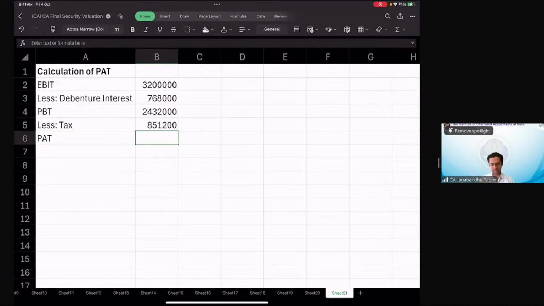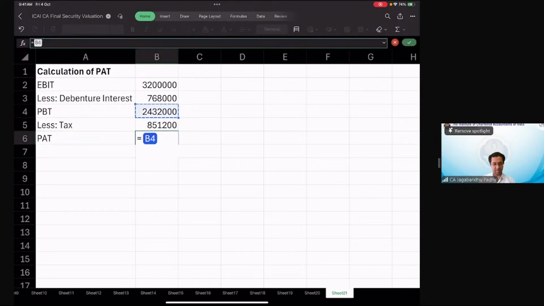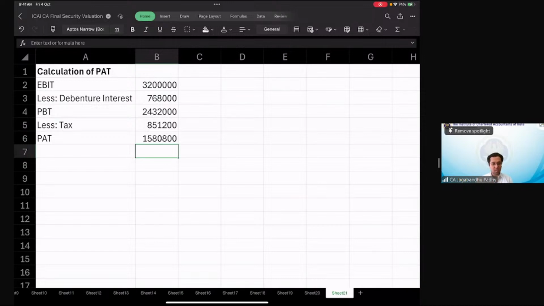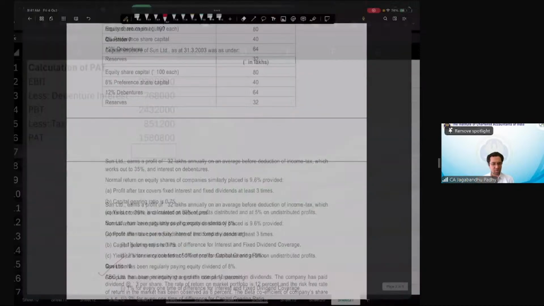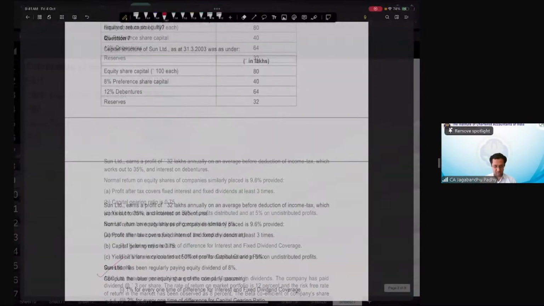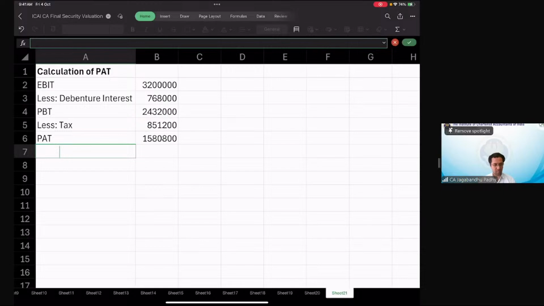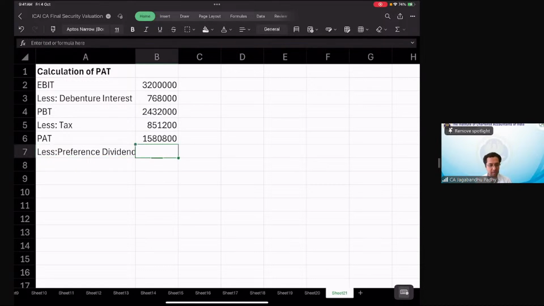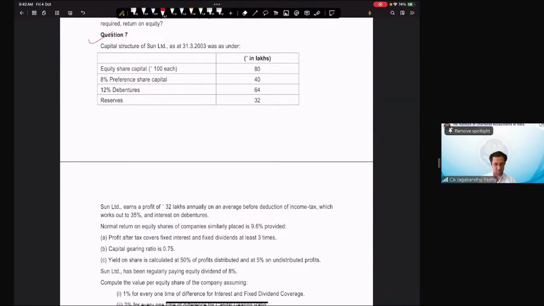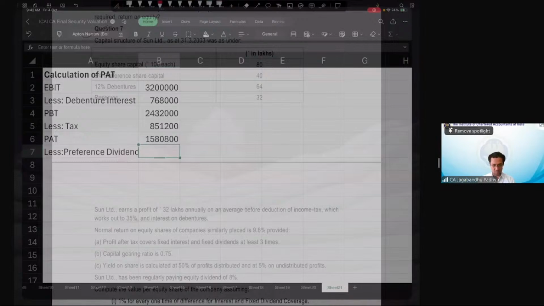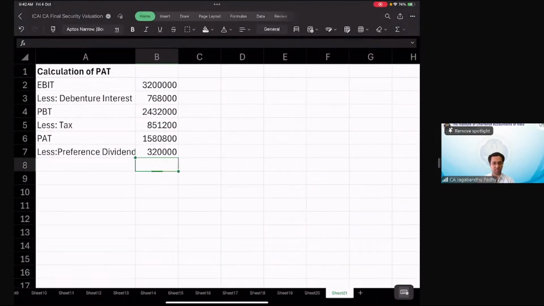Now from PBT minus this, do we have preference dividend? Yes, preference shares were issued. So of course we need to reduce the preference dividend. Preference dividend is 8% of 40 lakhs. So it is 40 lakh into 8%, which is 3,20,000.